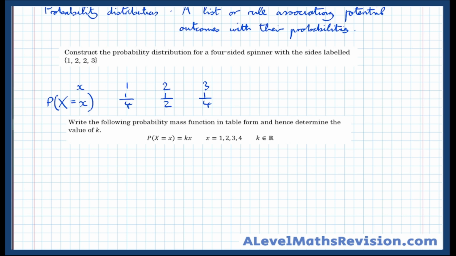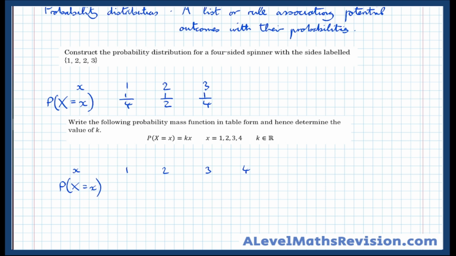I can see that the potential outcomes, little x, are 1, 2, 3 and 4. And the associated probability that the variable will take this particular value, little x, is equal to k, which we don't know, times the value of x.